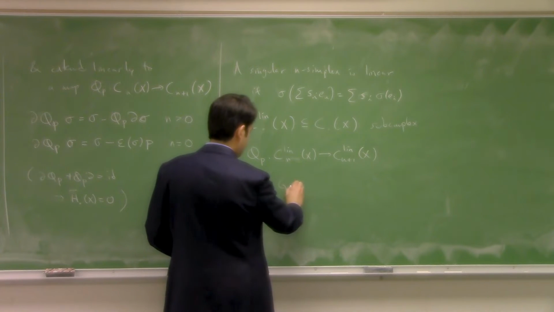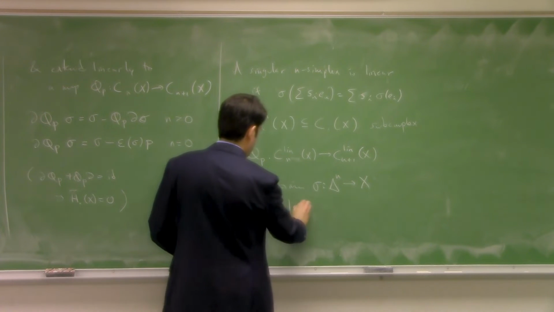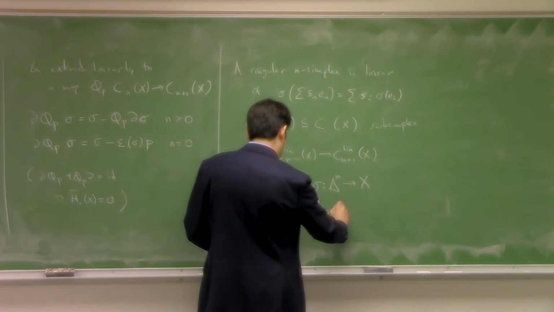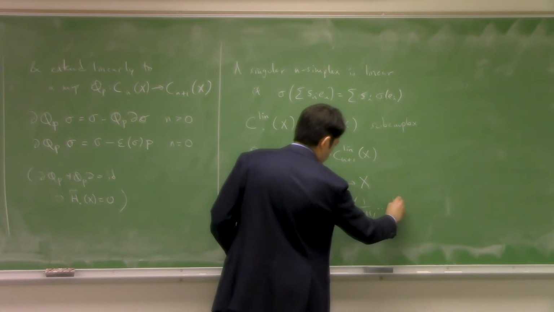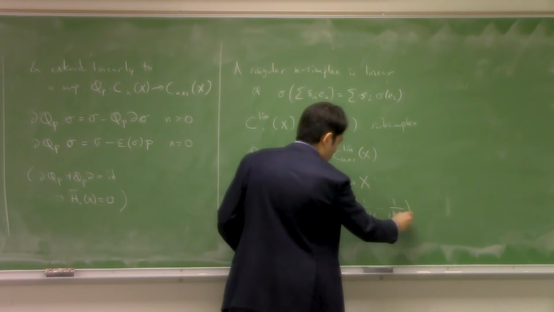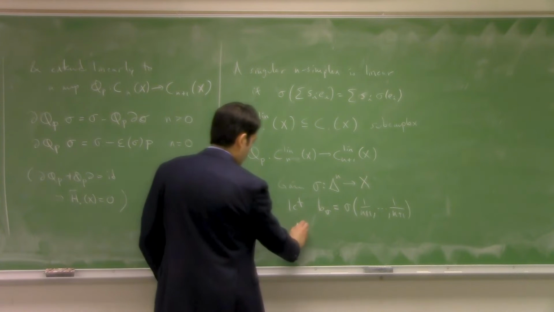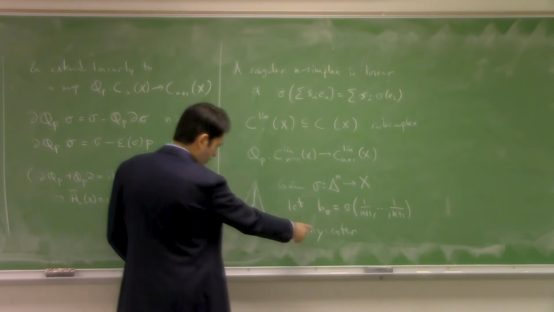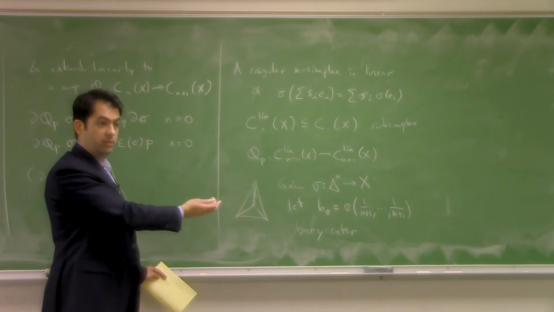Given sigma, let b_sigma be sigma of the point with equal weight in every direction. This is called the barycenter, bary of course coming from the word for weight. So it's just the center of weight.